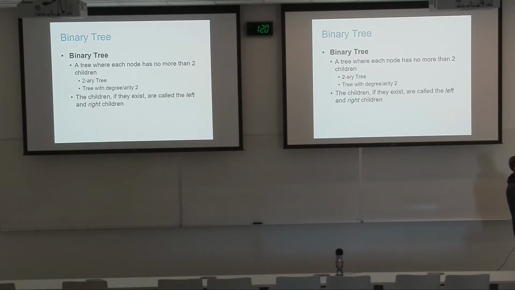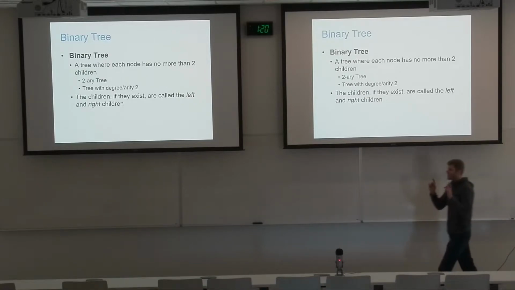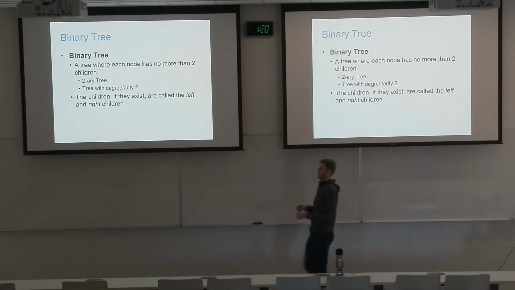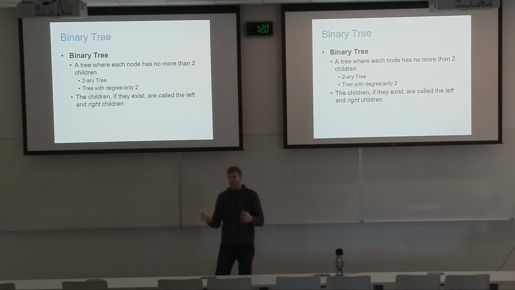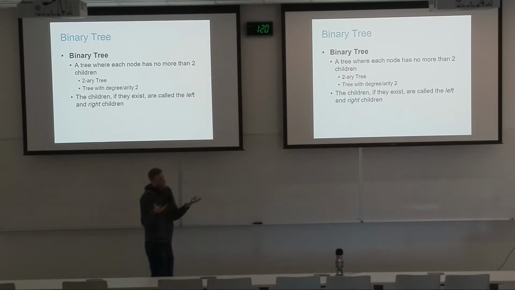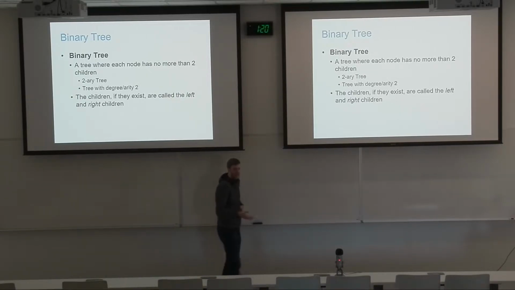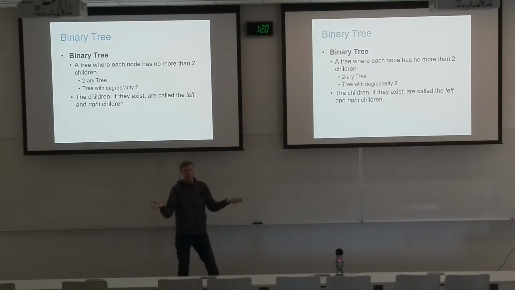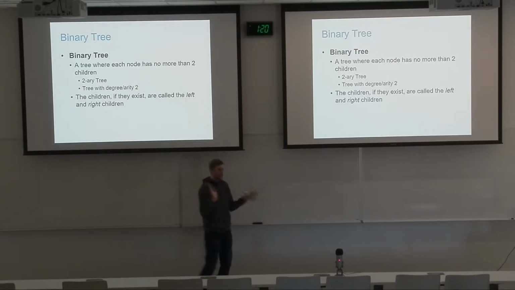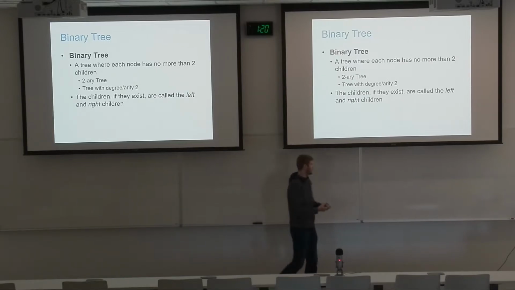A tree of 2. The children, if they exist, now this is an important thing about binary trees, is that it's positional. The fact that a certain node is on the left or the right is meaningful. So each node has a left or right subchild. They might not exist, but there's a left and right, and we're going to refer to them as left and right accordingly.